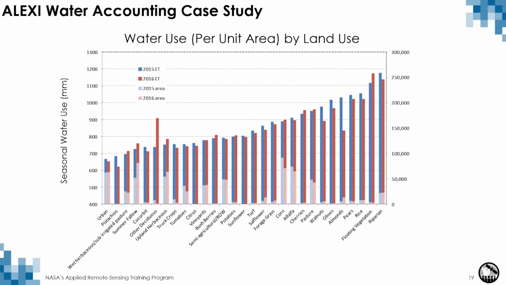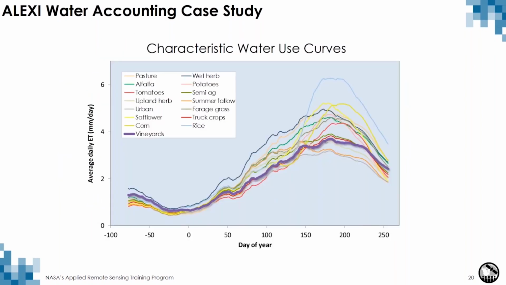So some of the bigger water users, almonds, rice, walnuts, olives, and then you have some of the lower water use crops like tomatoes, vineyards, pistachios. So it really gets to the point where understanding where every unit of water goes and how effectively a certain crop uses a unit of water.